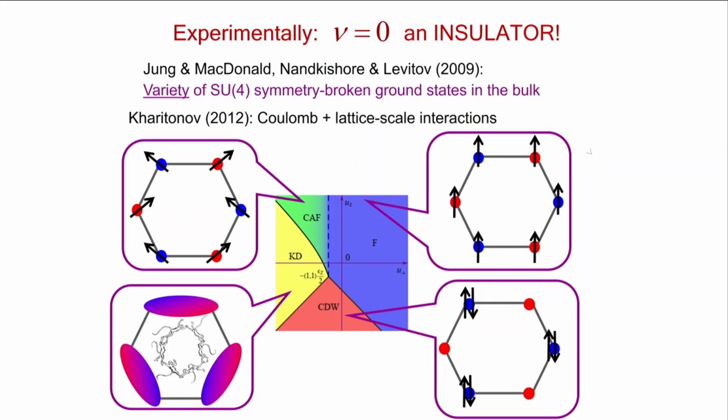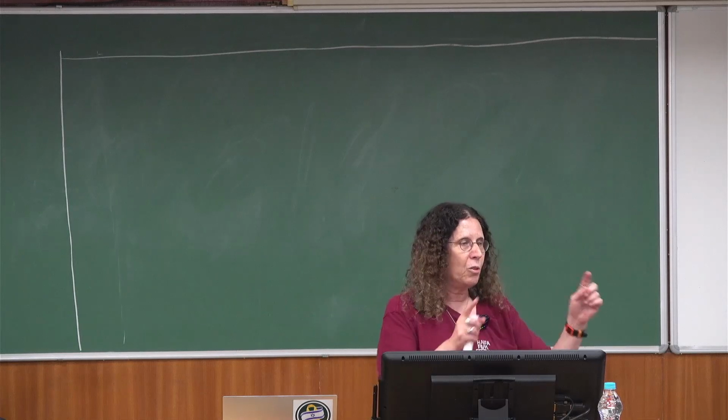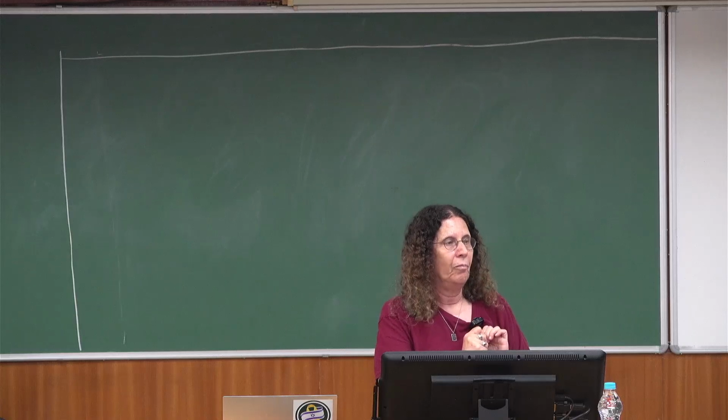You can in principle add to the calculation an interaction on a lattice scale, Hubbard-like, okay? Short-range interaction, and this short-range interaction is sensitive to the lattice structure of graphene, so it knows about the structure of the wave functions on the atomic scale.